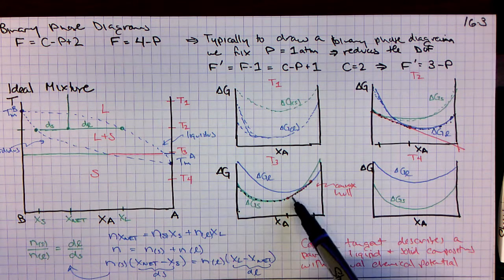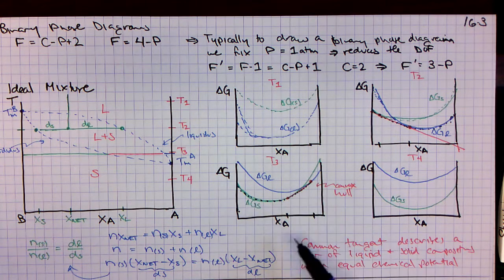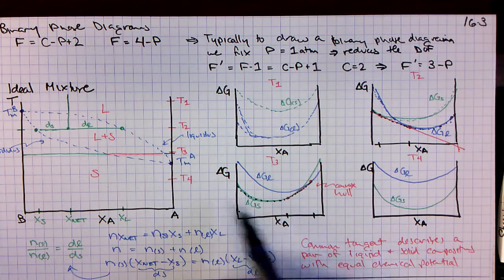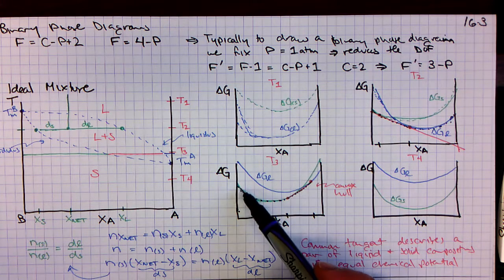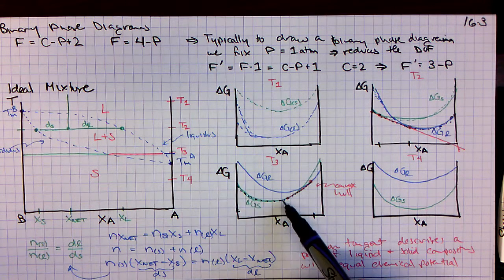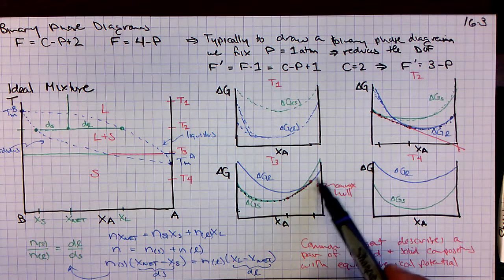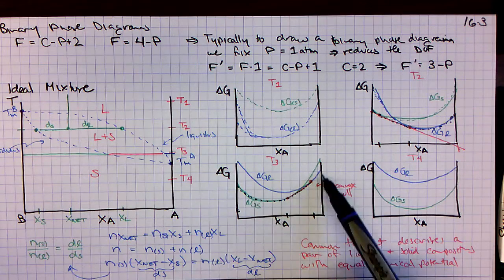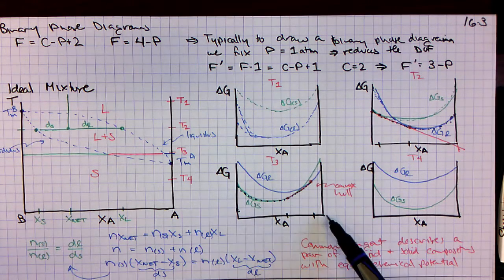And so what you must do is draw a common tangent, and the common tangent gives you a region where you can have two-phase coexistence, and the locus of points consisting of the convex portions of the pure phases plus the common tangents gives you the convex hull that describes the lowest free energies the system can have at various compositions.